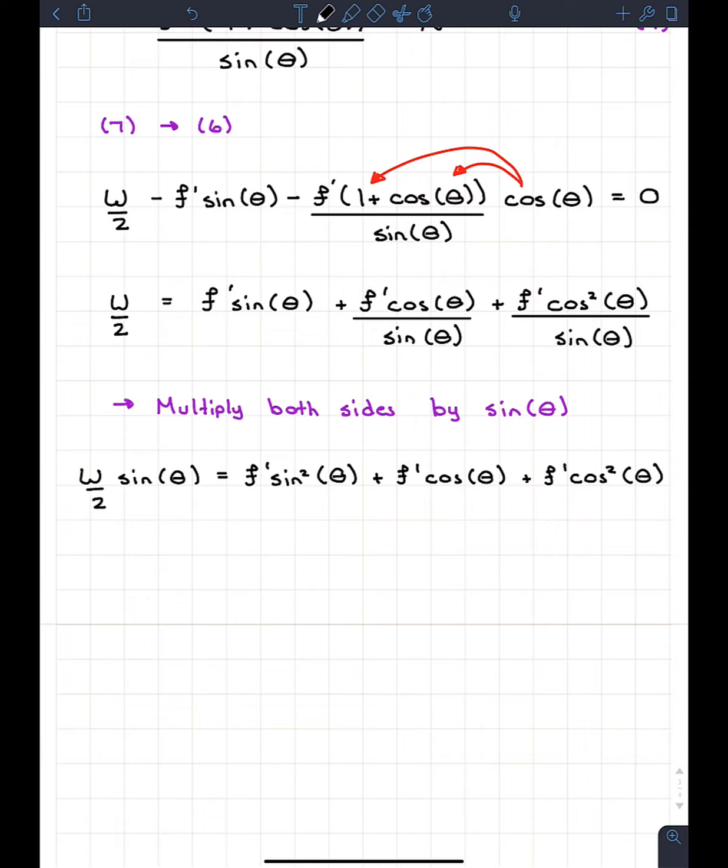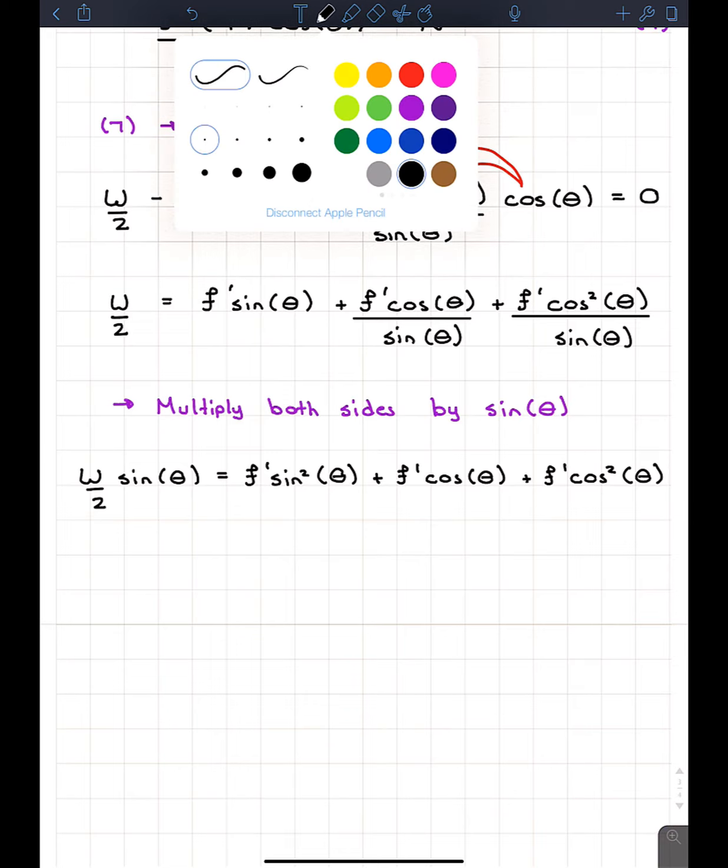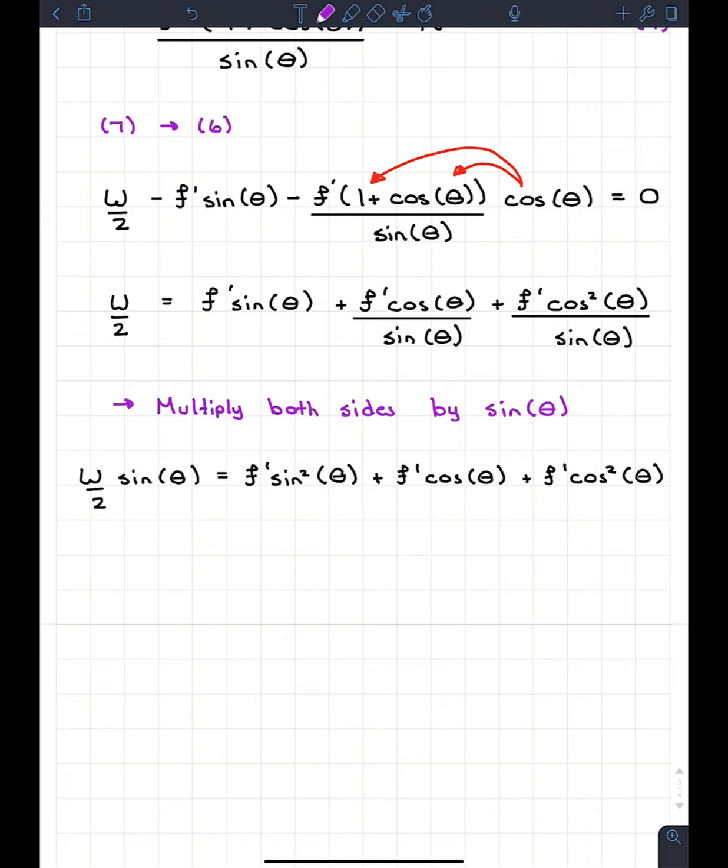And the next thing I notice looking at the right hand side is I have f prime in every single one of those terms. So what I'm going to do is factor out f prime, and I'll write the step down so you guys know exactly what I'm doing. Factor out f prime.